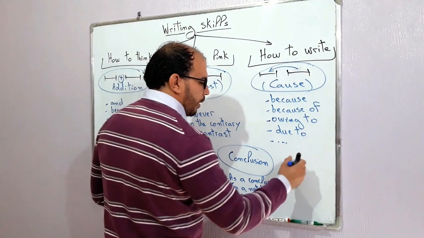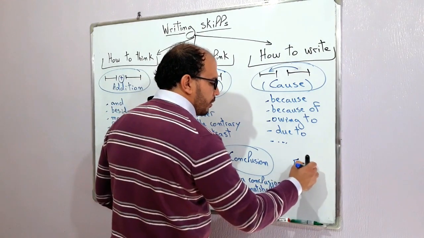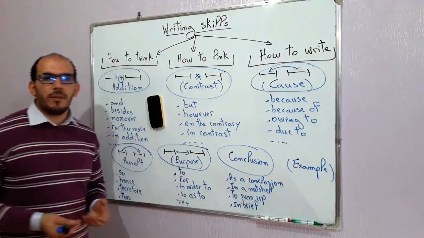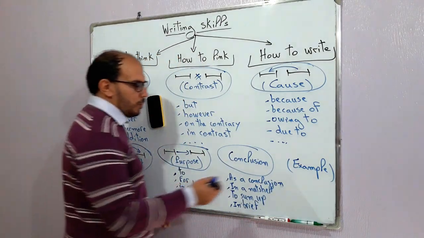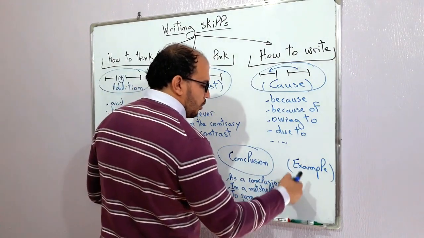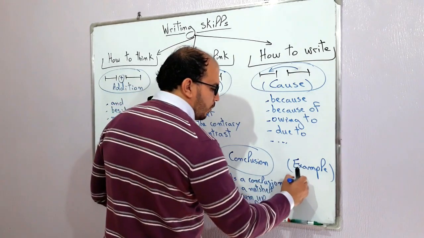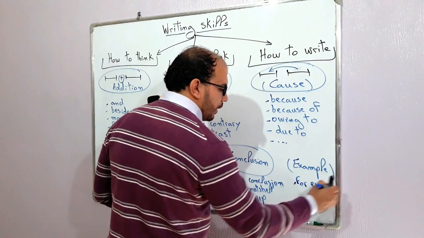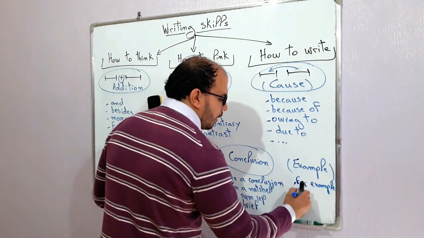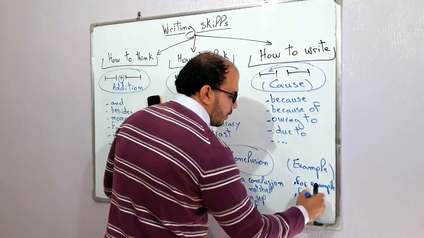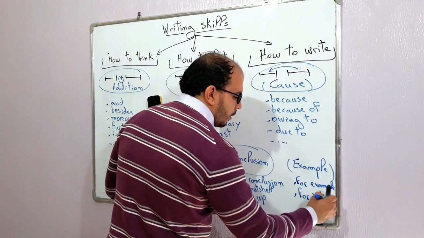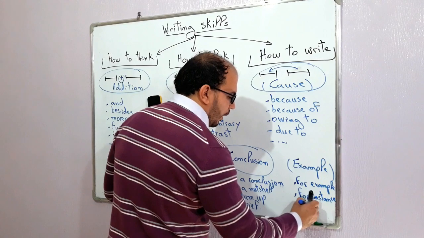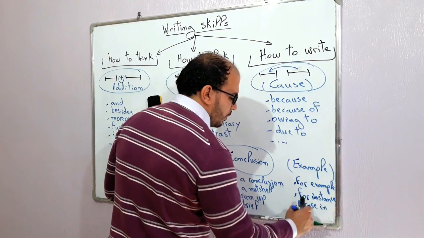If I want to express the example, I have an example and I want to give a linking word to introduce this example. So I can say, for example, as simple as this, or I can say, for instance, or I can say a case in point.